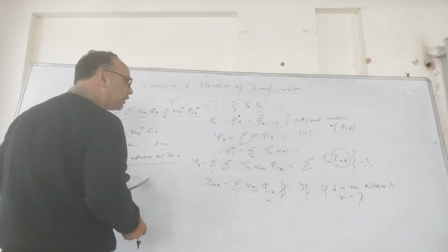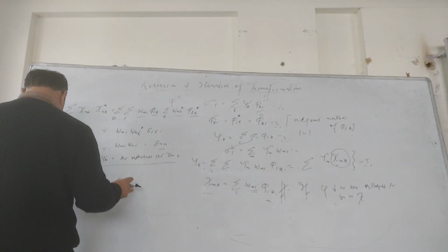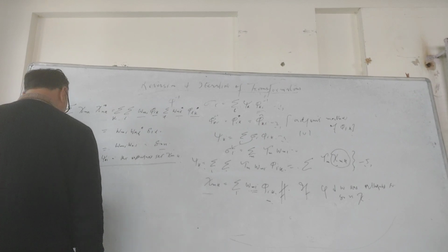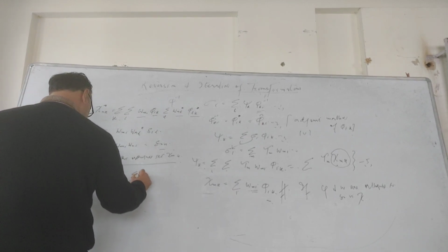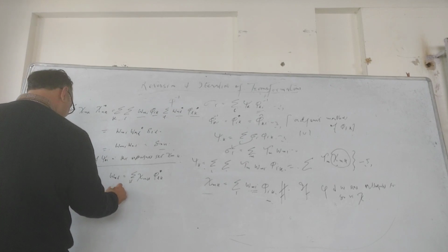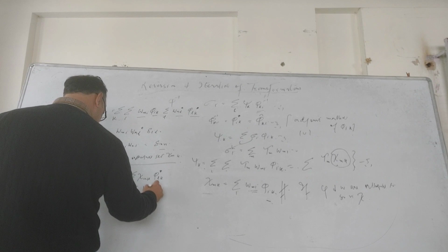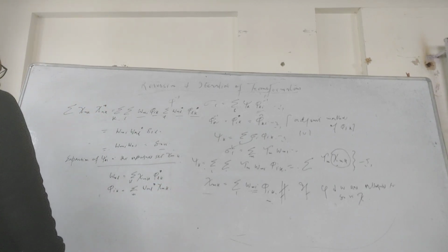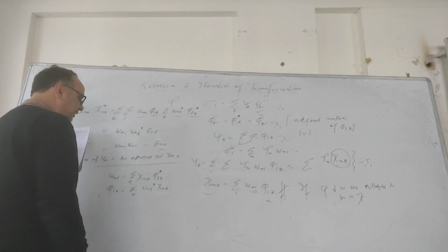And if we want to write phi I in terms of omega m l, and phi i k in terms of this, and using reverse transformation we can write the relationship.